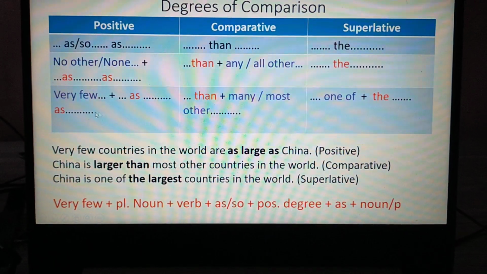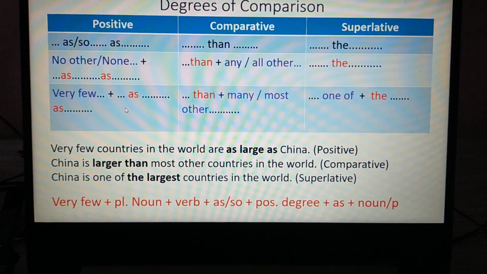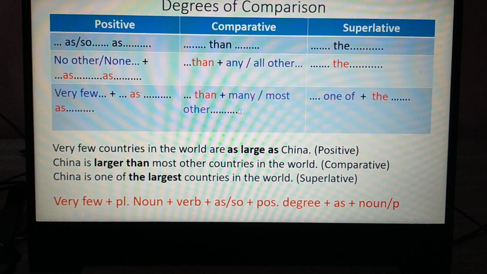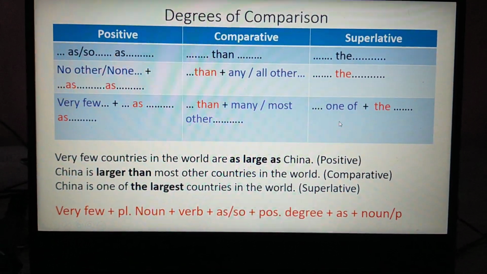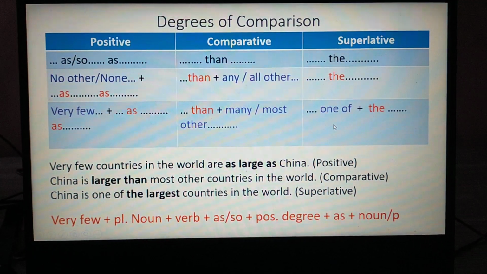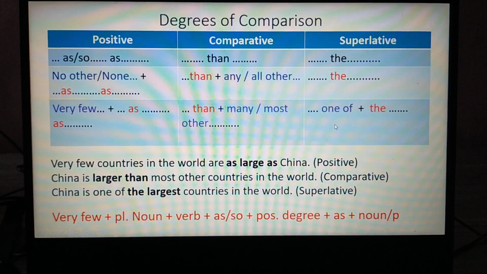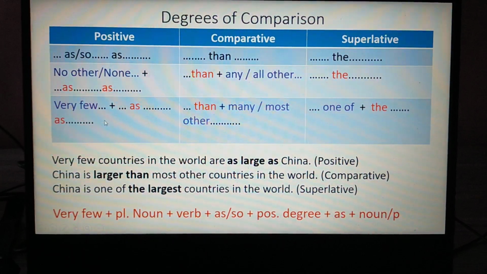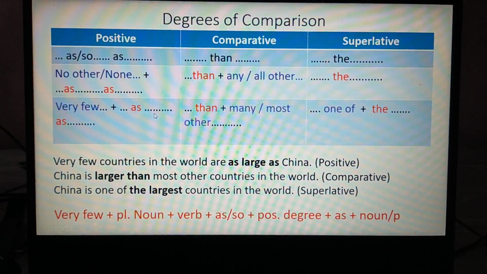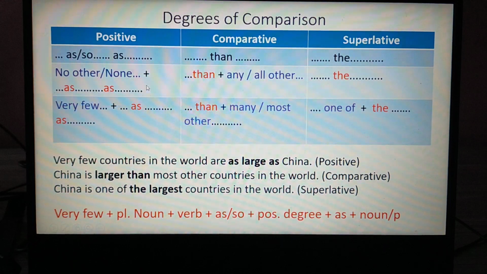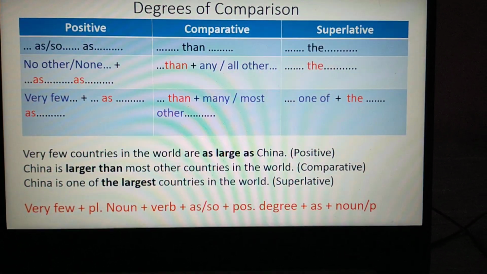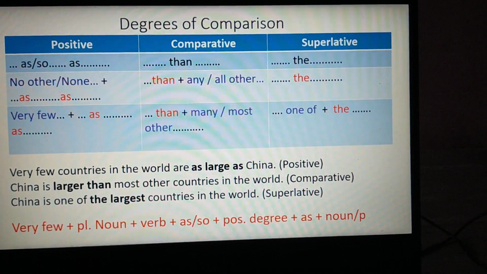But when we have very few, we have many or most, and in the superlative we have one of the. So either way you can remember with the table, or remember that with very few we use a plural noun, with none other we use a singular noun. So this is the way to change the degree from one form to the other.